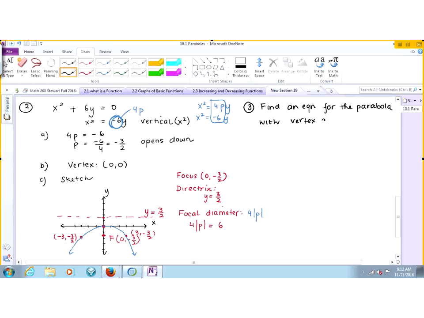With vertex at the origin and satisfies the given condition. So number 1. Focus is negative 8, 0.